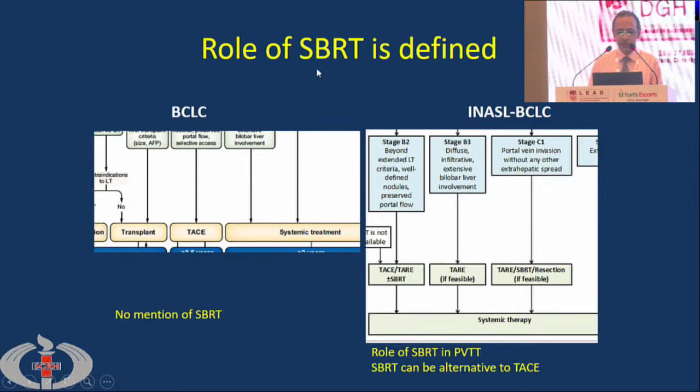So SBRT was missing from the BCLC system, but we have incorporated it in stage B2 also. Along with TACE, you can use SBRT, or in stage C1 where there is portal vein tumor thrombosis, SBRT has a very good role.